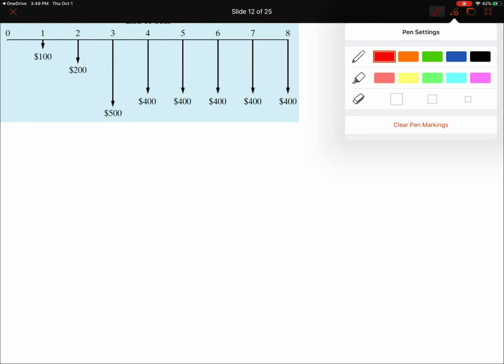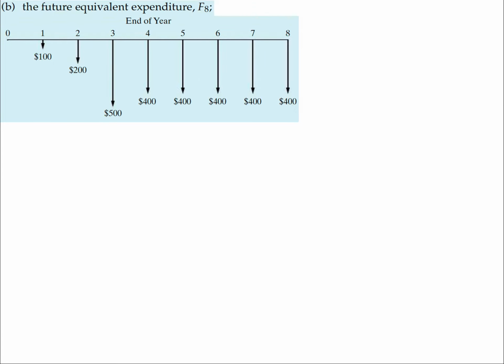Okay. Then it has another question. Question B, the future equivalent expenditure F8. So now the problem is much easier. You don't have to do the multiple conversions again, because you already have P0.